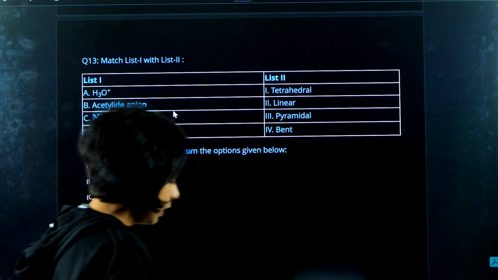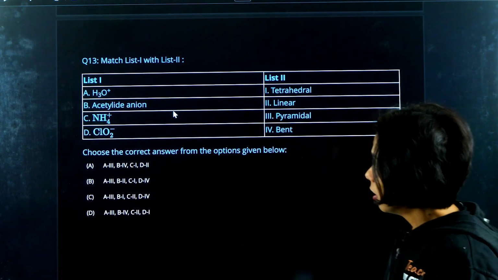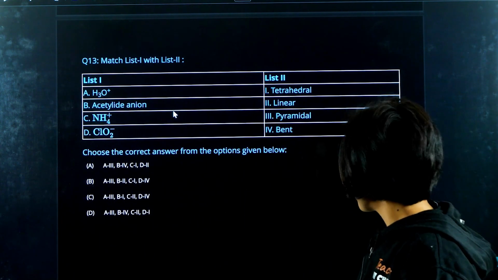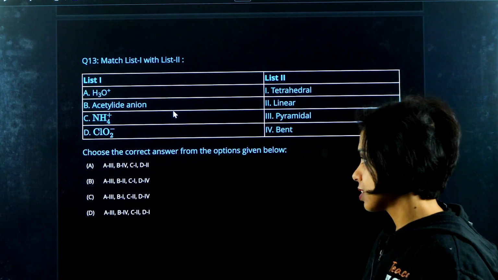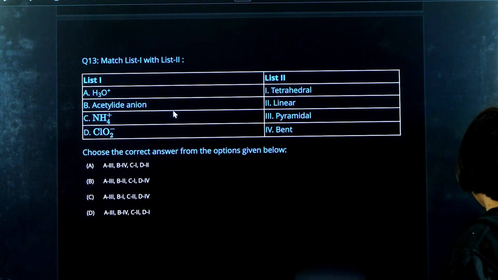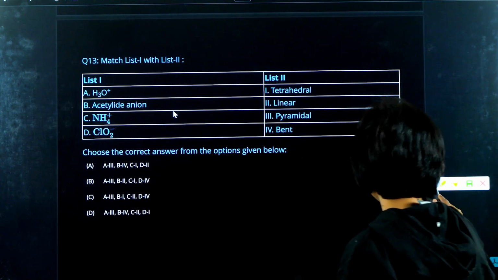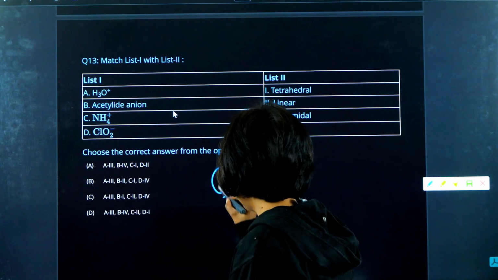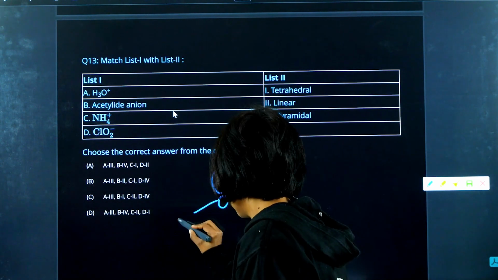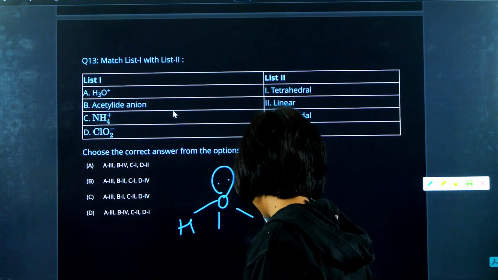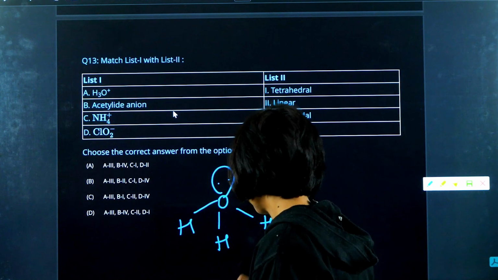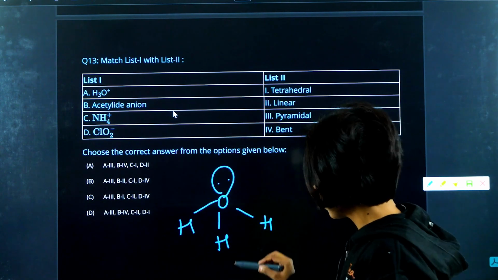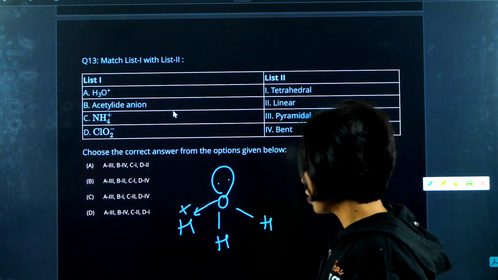Okay, now we have question number 13. A part, the shape of H3O positive. So 1 lone pair, 3 bond pairs, H3O positive, pyramidal shape. Yes, H3O positive you can say pyramidal shape. Done?